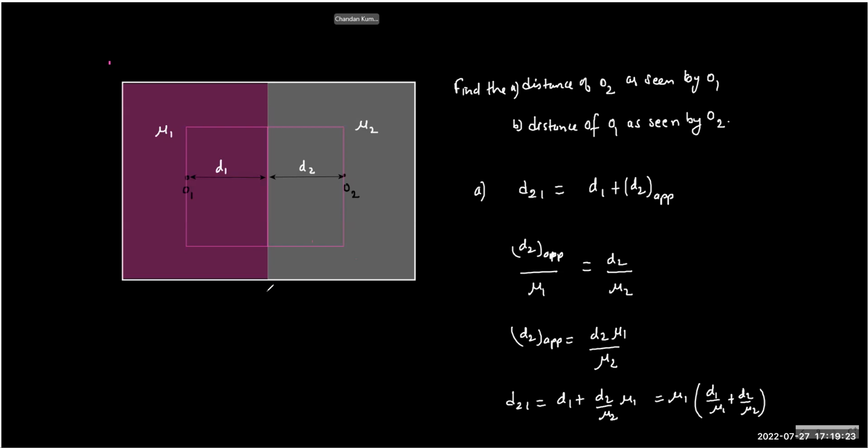So O2 will appear at an apparent depth, for which we know the formula, right? If O2 is the object and O1 is the observer, the light ray will travel like this. Are you getting what I'm saying? Yes. So D21 upon mu1, since the observer has refractive index mu1, must equal D2 by mu2 plus D1 by mu1.